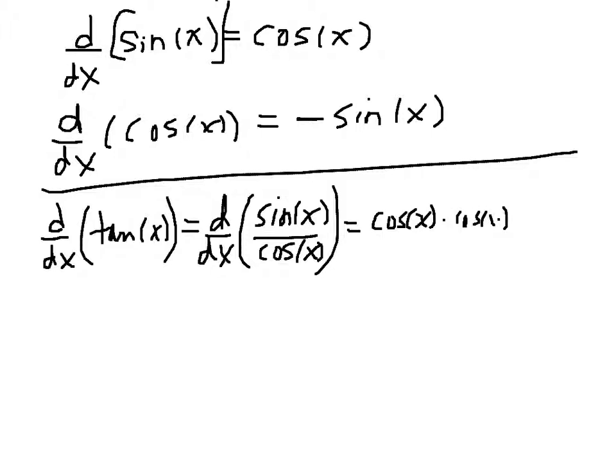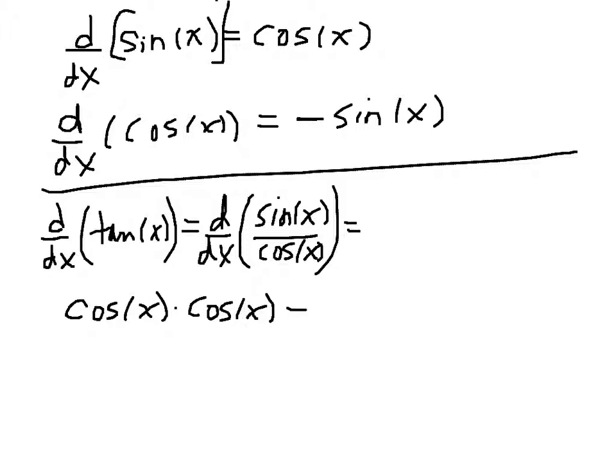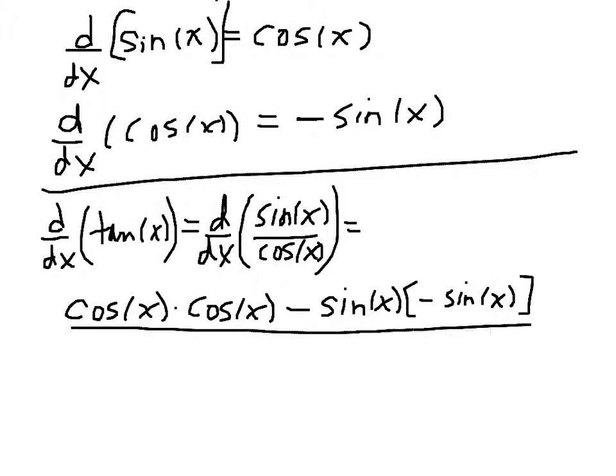Oh, I'm not going to have enough room, so I'll start this on the next line. Okay, there we go. So we have the derivative being low d high minus high d low. The derivative of the bottom is minus sine of x, all over low squared.